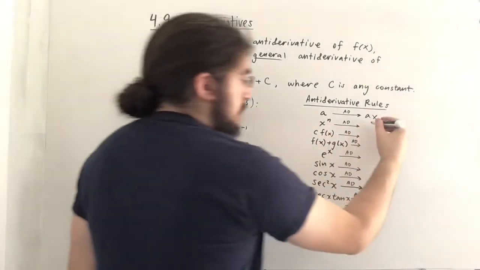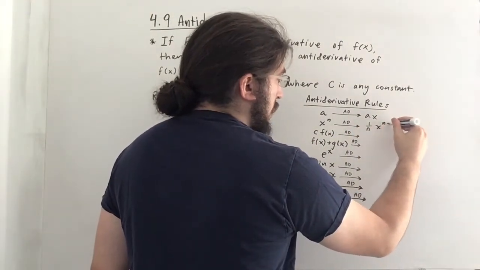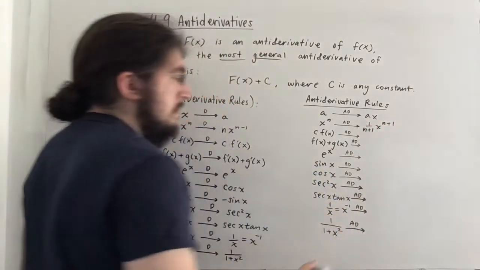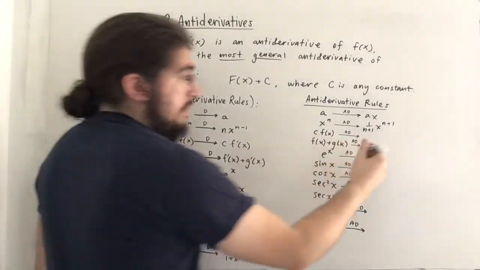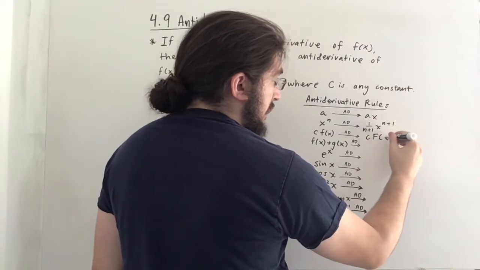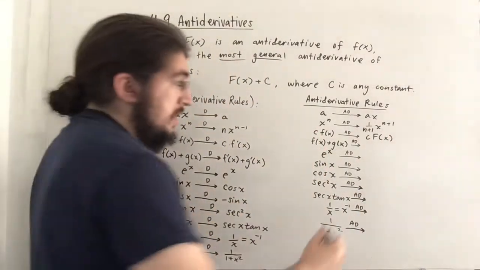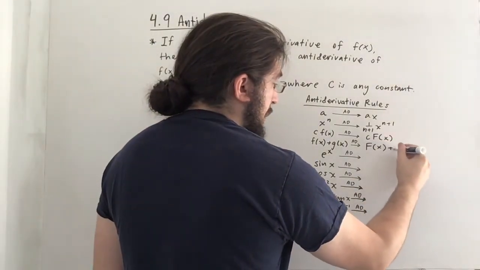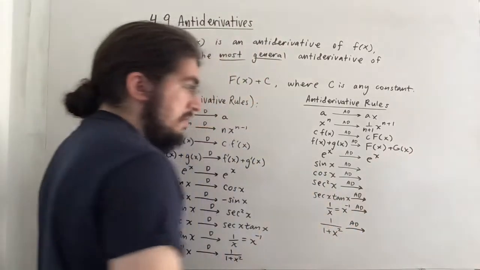The antiderivative of x to the n we saw was 1 over n plus 1 times x to the n plus 1. The antiderivative of a constant times f of x is the constant c times capital F of x, the antiderivative of f. The antiderivative of a sum of two functions is the sum of the antiderivatives, capital F plus, let's say, capital G of x. e to the x has antiderivative itself, of course.